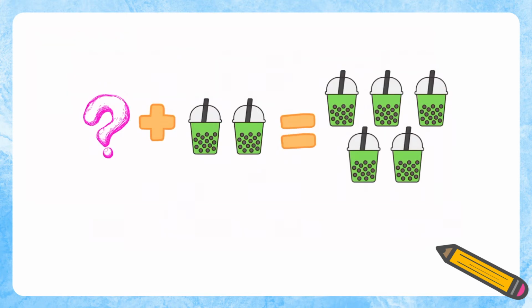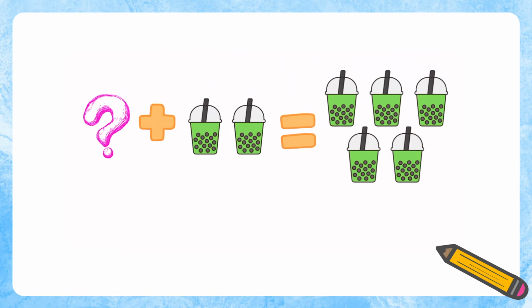Alright, so let's say I originally start with an unknown number of boba drinks, and then I buy 2 more because I love boba, and now I have a total of 5 drinks. So how many boba drinks did I start off with? And in your head, you're probably like, oh, she started with 3 drinks. So this is actually going along the lines of solving for x.